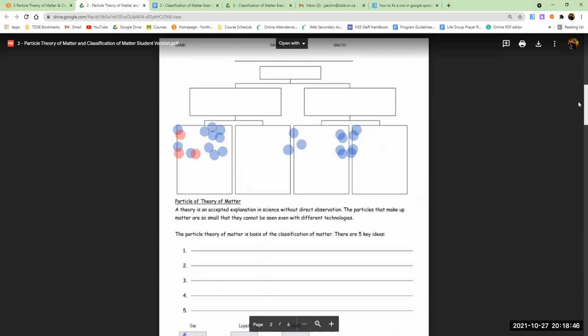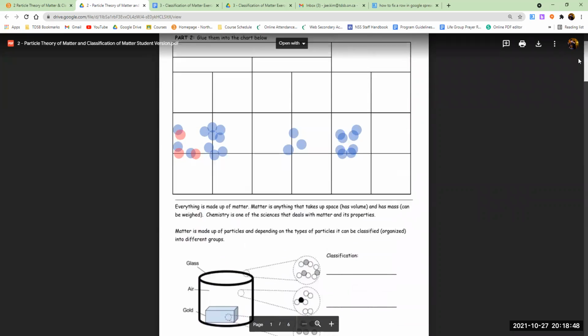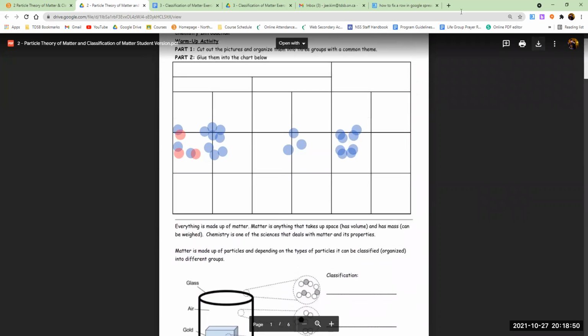So we had a chance to organize that. After we labeled this as elements and compounds, and this big block was mixtures, I got into the larger umbrella of elements and compounds, calling them pure substances.